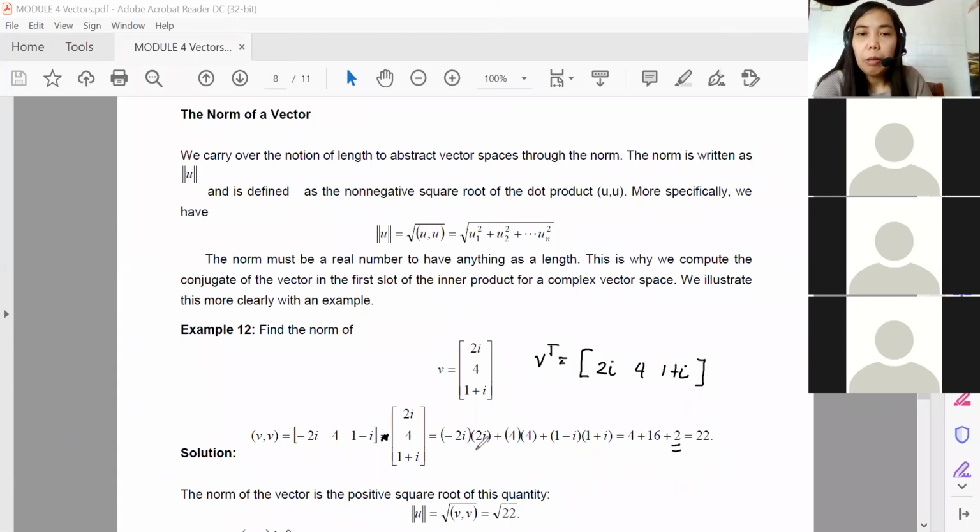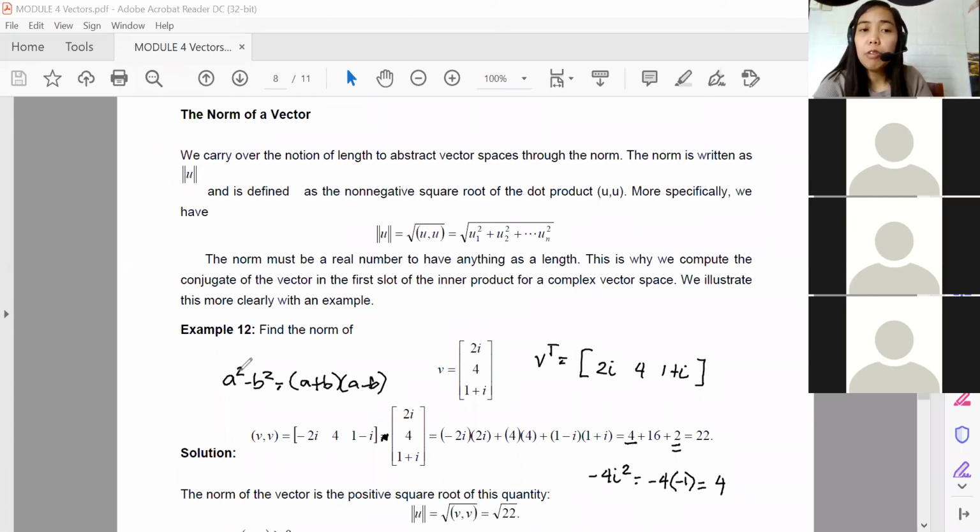So negative 2i times 2i, we will have negative 4i squared. So when we simplify it, i squared is equal to negative 1. So the answer is 4. That is how we got 4. 4 times 4, it's 16. When we multiply a complex number by its conjugate, what you just multiply is, like the difference of two squares, we have a squared minus b squared, right? That is equal to, this is the difference of two squares, a plus b times a minus b.